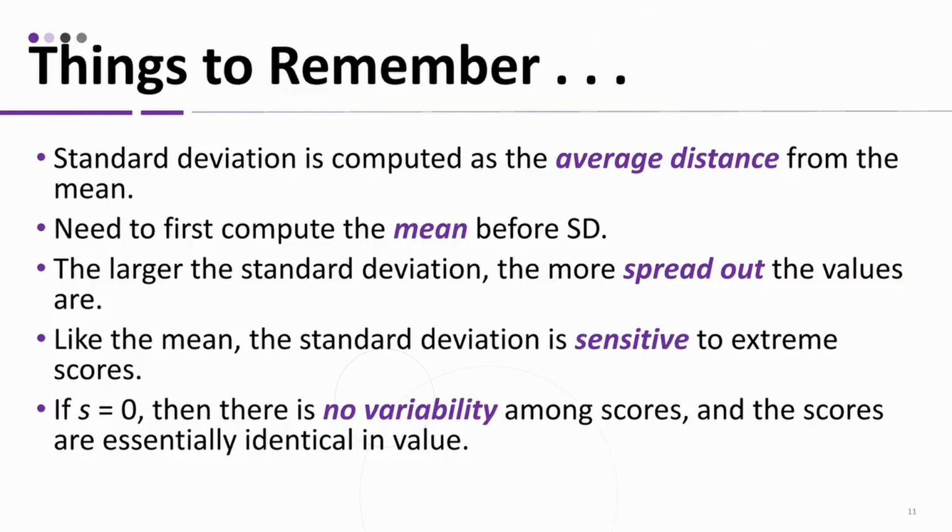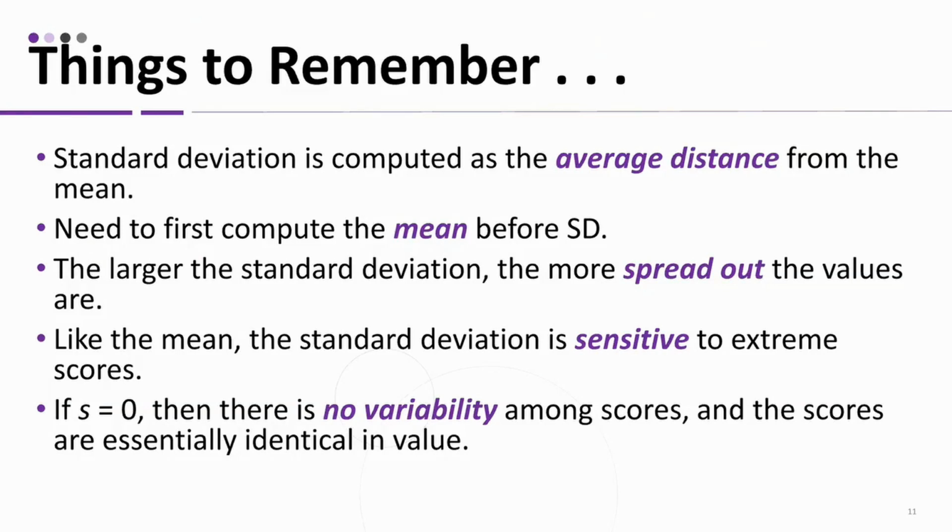So the larger the standard deviation you have, the more spread out the values are. If there is a standard deviation of 0, there's no variability among the scores. That third set in the example I gave earlier, of all 4s, would be a standard deviation of 0.